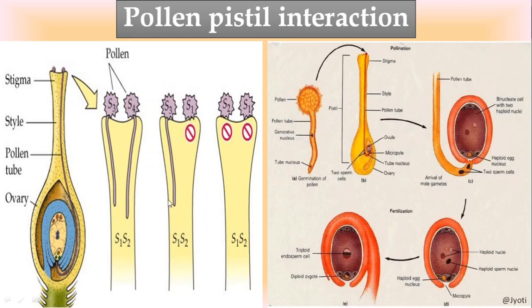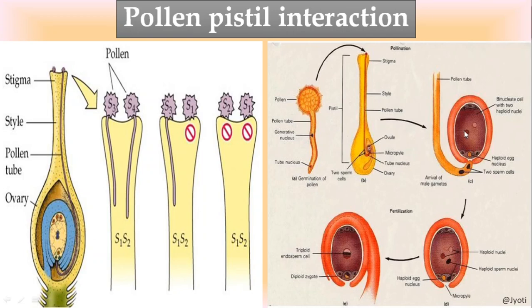So when this tube reaches the ovule, here you can see the pollen tube has reached the ovule, and it enters through the micropyle. And towards the micropyle, the egg, the female gamete, is present. So the pollen grain releases its male gametes through the pollen tube, and the pollen tube carries the male gametes to the female gamete.